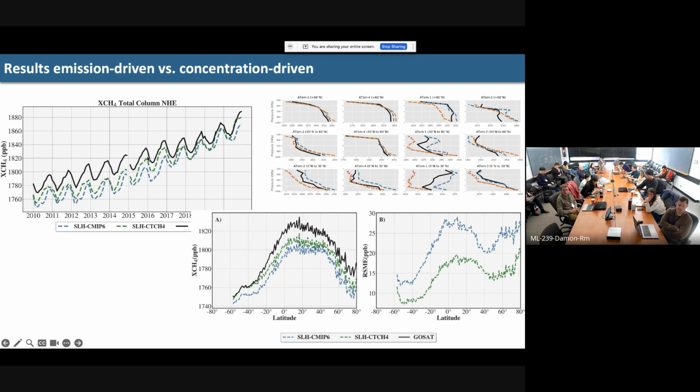There can be artifacts in the column. You can have differences between lower troposphere and upper troposphere. It's biases that would go in different directions. It needs to be tested with WACCM or the new vertical grid that are going to be available in CESM3.